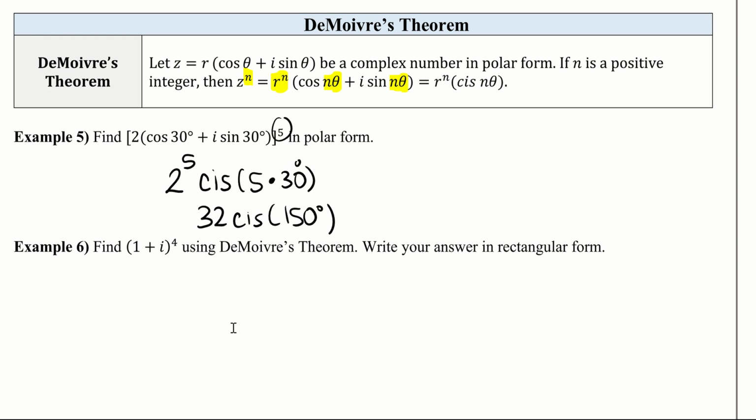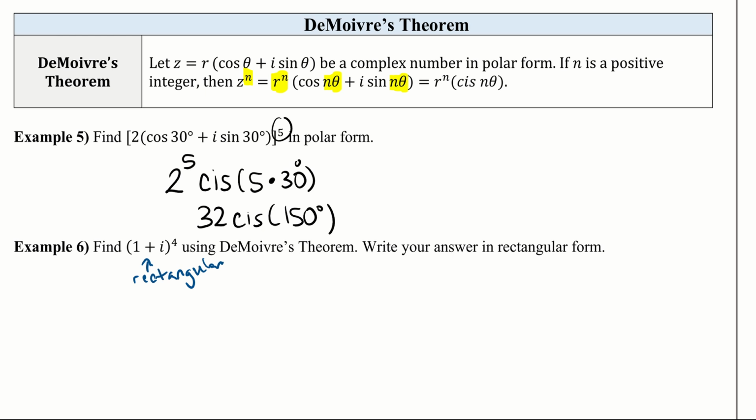Okay, example 6. We are going to start with 1 plus i raised to the power of 4. You might notice this is in rectangular form. I'm not using cis. This is not polar. This is rectangular form, a plus bi.